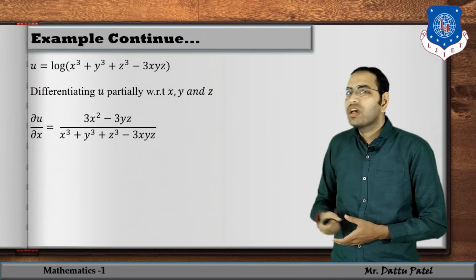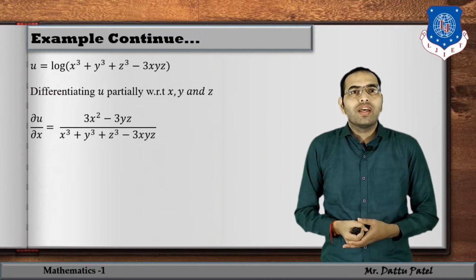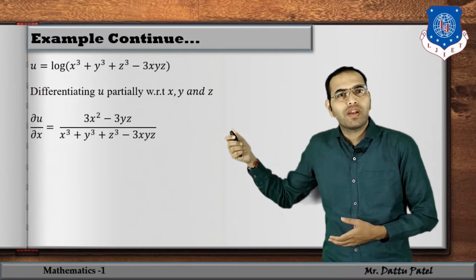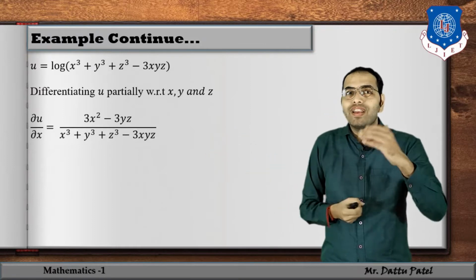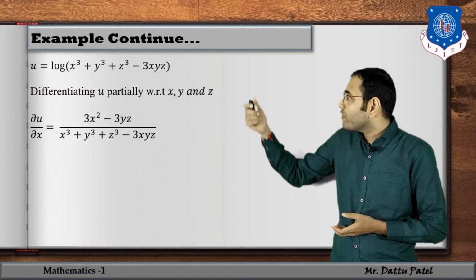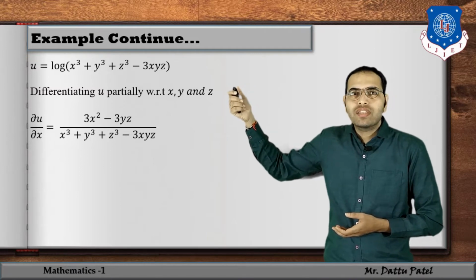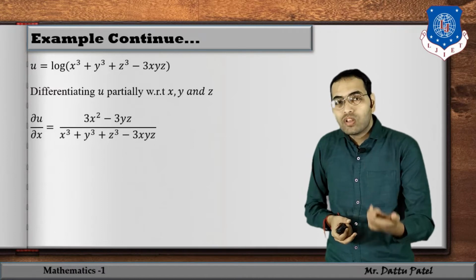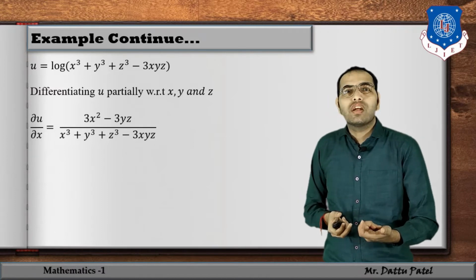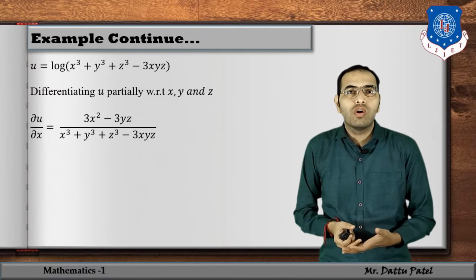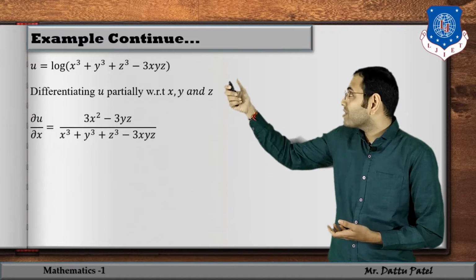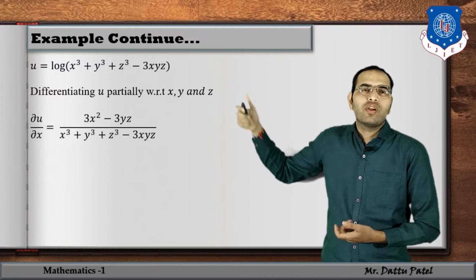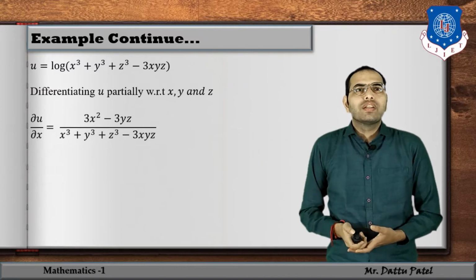Then it becomes 3x square minus 3yz, because whenever we differentiate with respect to x, y is treated as a constant, so the derivative of y cube is 0, and the derivative of z cube is also 0. Then for the derivative of minus 3xyz, 3yz is constant and the derivative of x is 1.